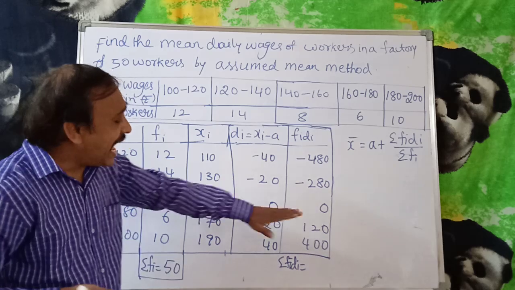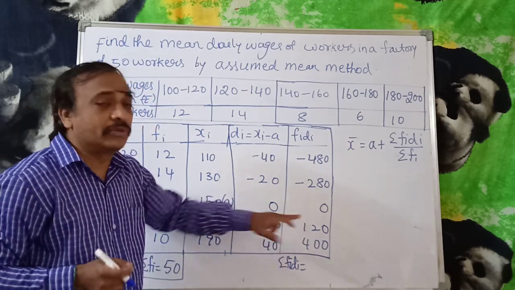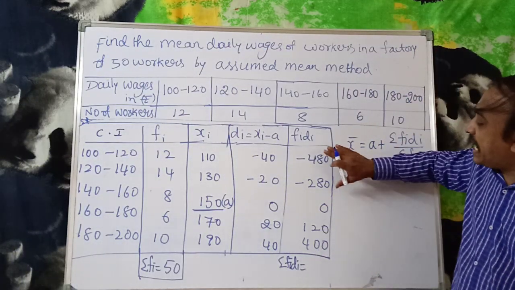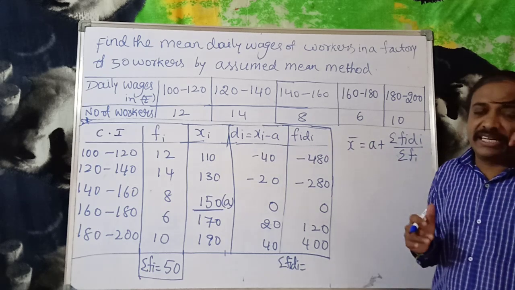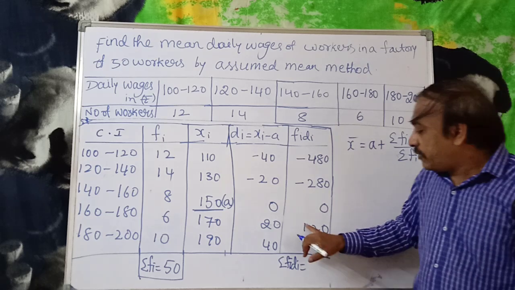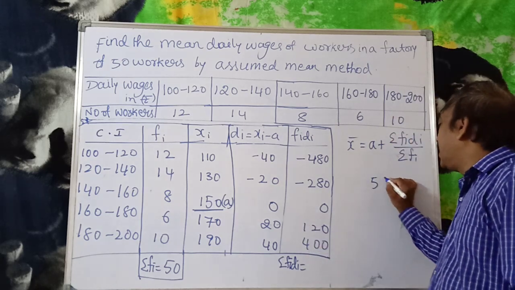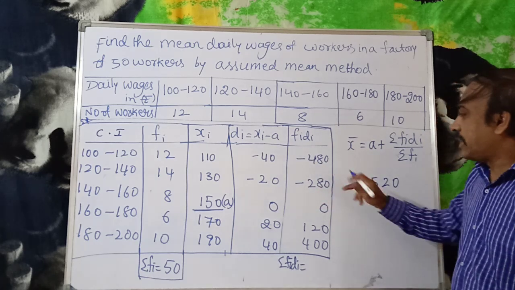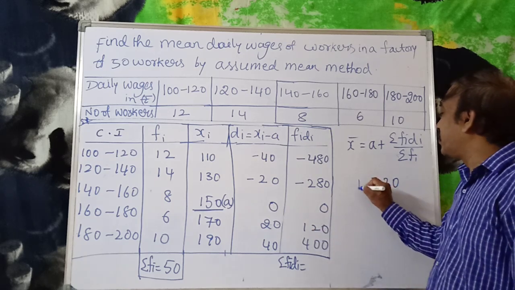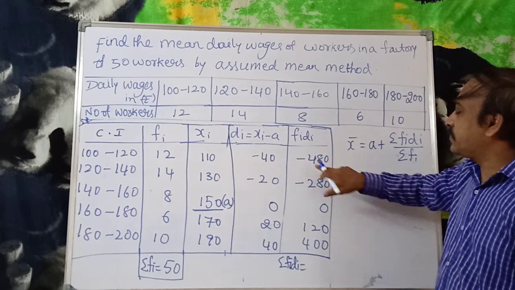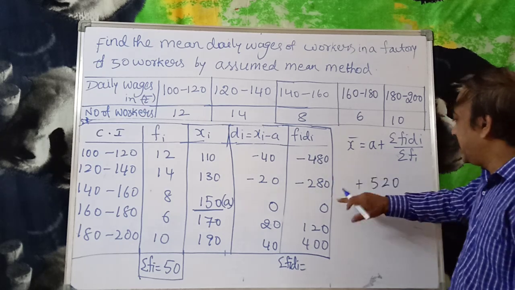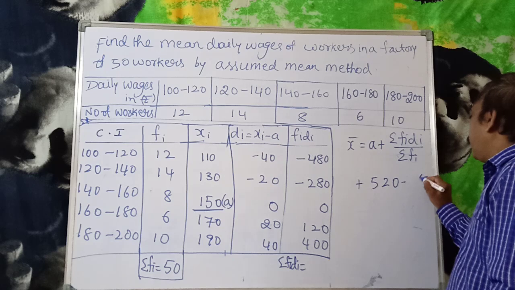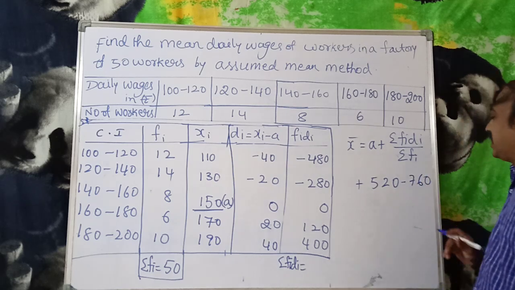Now add the plus values first: 400 plus 120 is 520. Then add the minus values: minus 480 and minus 280 give minus 760.